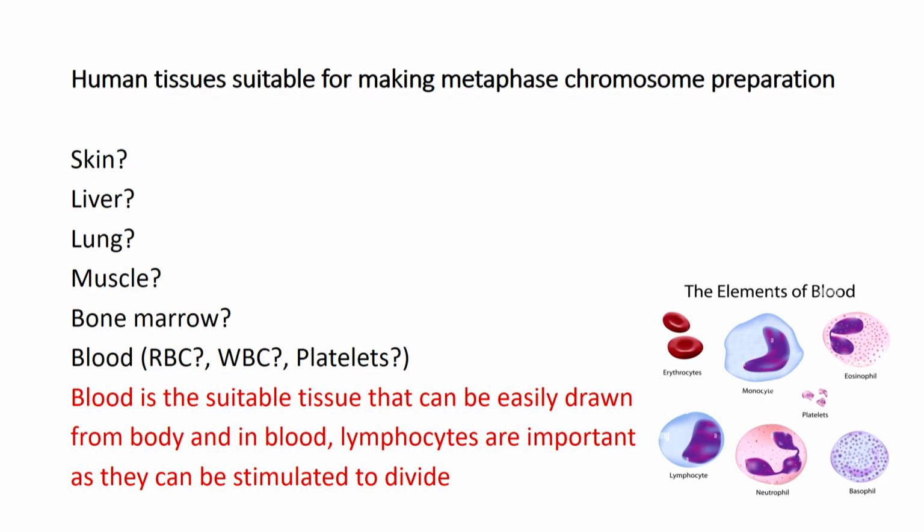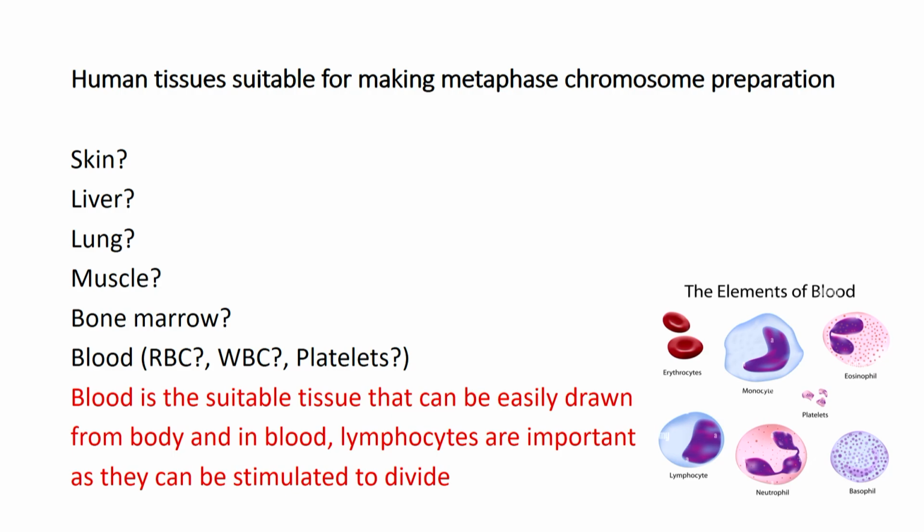Now we want to have human chromosomes. So which tissue should be suitable? The skin, is that suitable? Can we take a piece of skin? Answer is no. Can we take a piece of liver? Answer is no. Lung? Answer is no. Muscle?